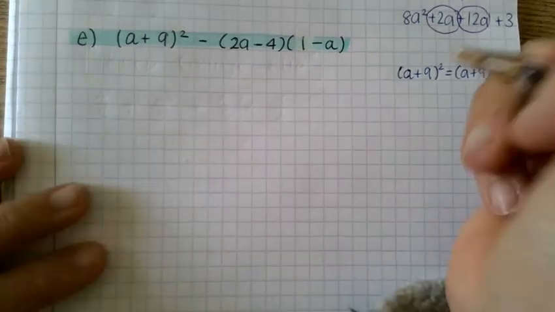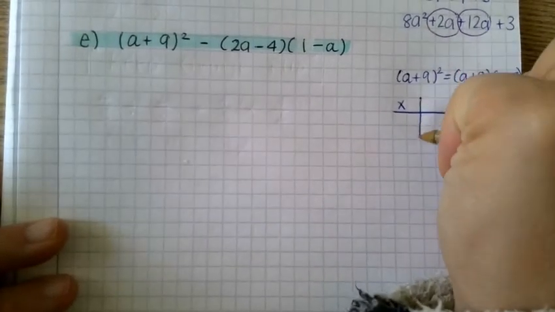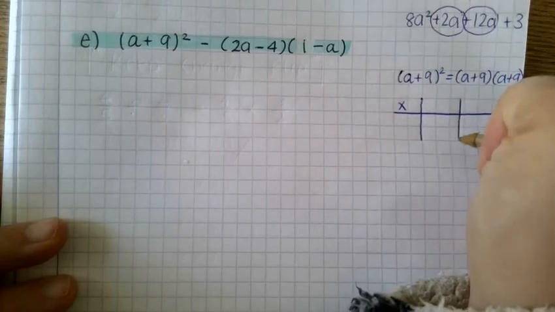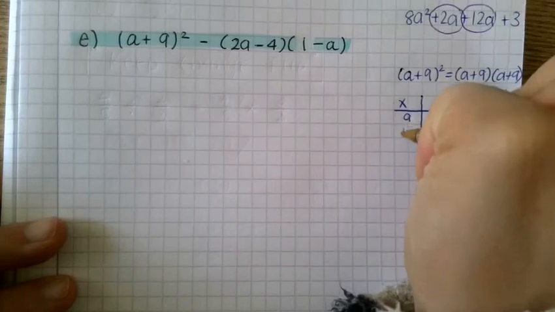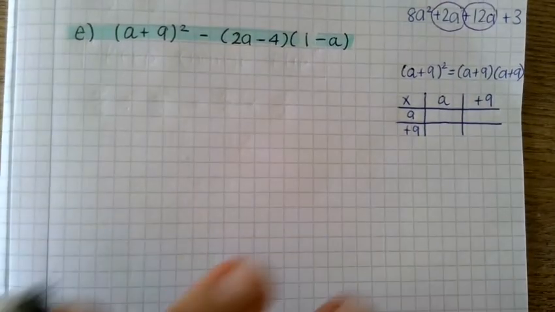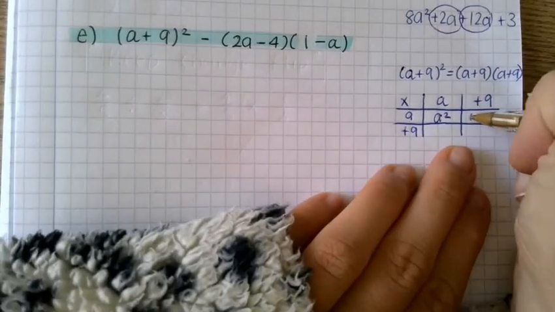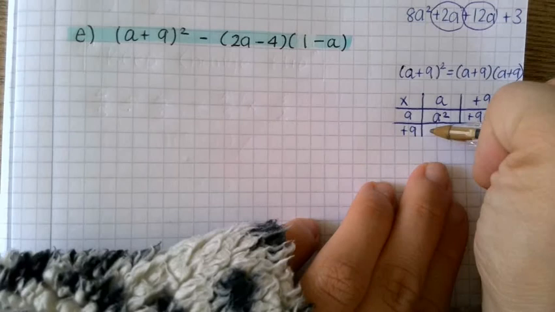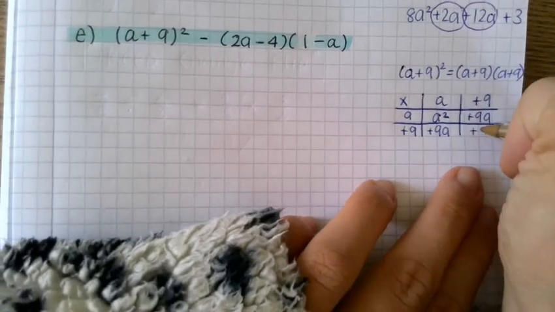So our grid method will be a plus 9 multiplied by a plus 9. So we have a times a is a squared plus 9a plus 9a plus 81.